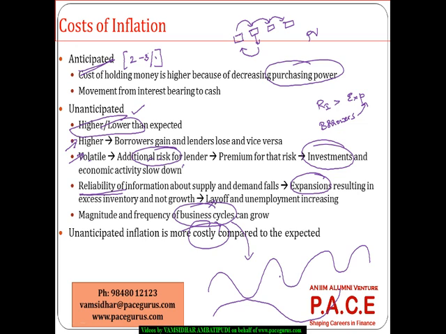So there are so many additional costs that come up because of this unanticipated inflation. That's one of the prime reasons every central bank targets, in some form or the other, to control the inflation.